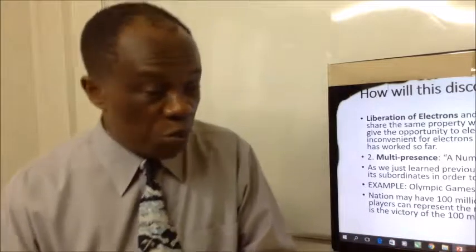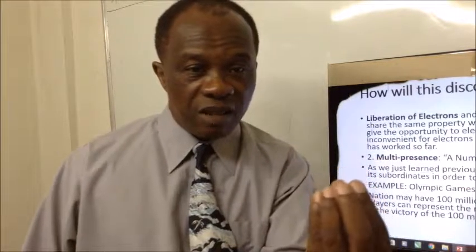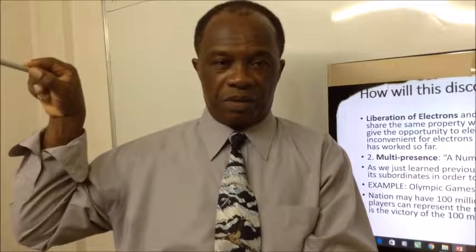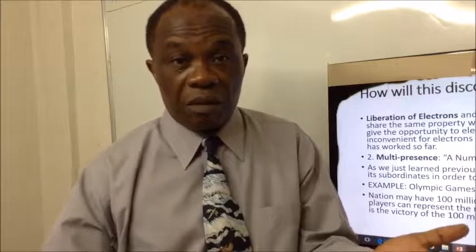So Philippines is being represented by the 5 basketball players, the 6 volleyball players, the 11 soccer players, the 1 swimmer. You understand? 100 million can be represented by just one person. And that's the miracle.